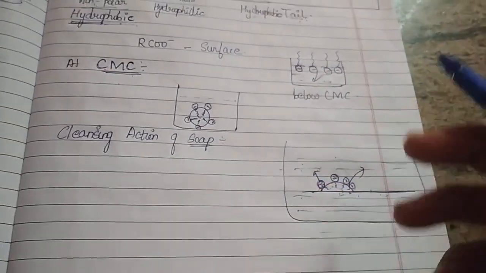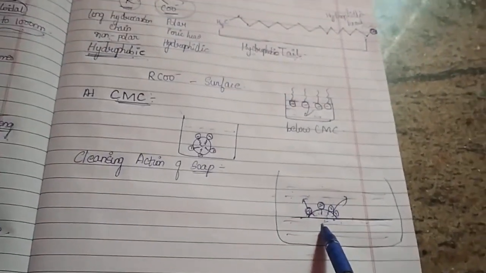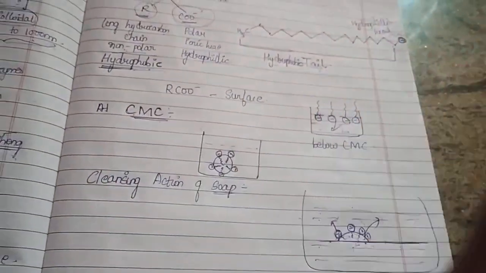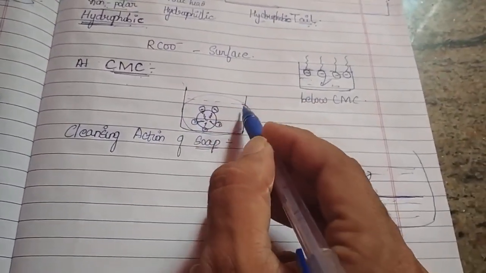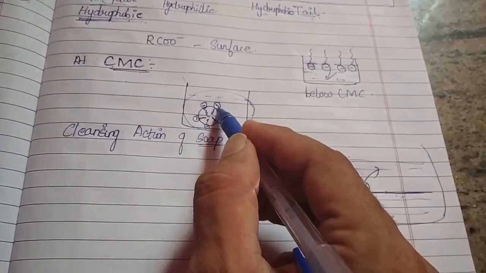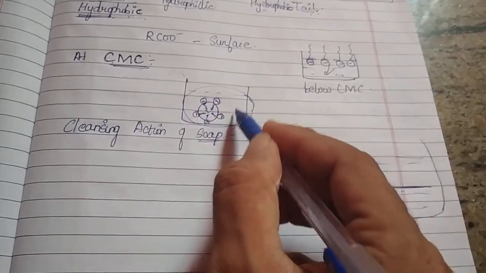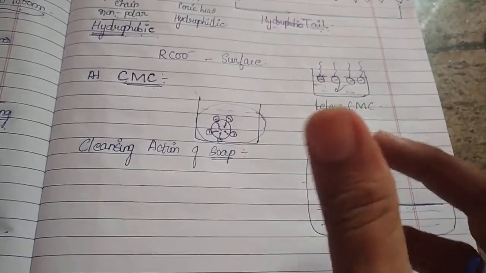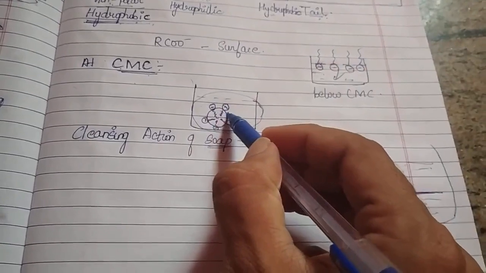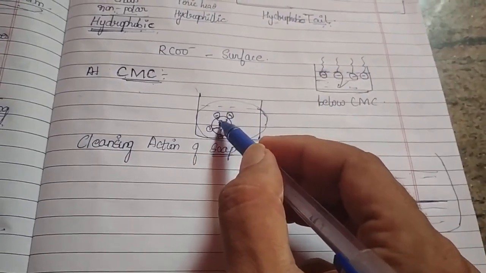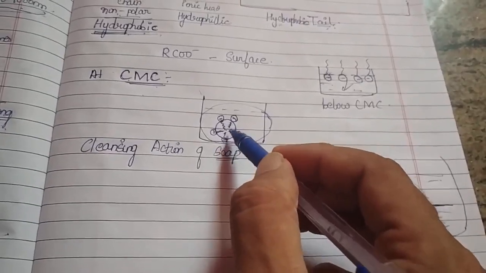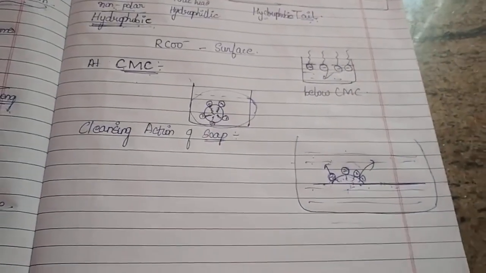So that is the reason, in order to understand the cleansing action of the soap, first and foremost you have to understand how this micelle is formed. And when this micelle is formed, you have to understand the structure of your micelle. That is, your hydrophilic group will be at the surface, whereas your hydrophobic group will be pointing towards the center of the sphere.